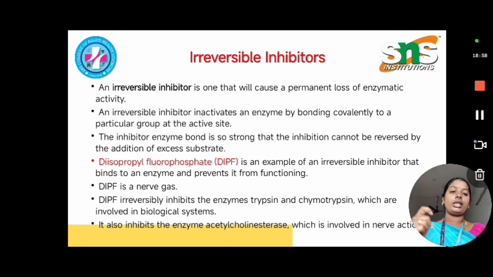Competitive inhibitors compete with the substrate and inhibit the activity; non-competitive inhibitors bind another part of the enzyme, not the active site, and inhibit the activity; uncompetitive inhibitors bind with the enzyme substrate complex and inhibit the activity. Irreversible inhibitors cannot be reversed, cause permanent loss, and involve strong covalent bond interaction, mainly diisopropyl fluorophosphate, a nerve gas which damages the nervous system. So this is the overall summary of enzyme inhibition.